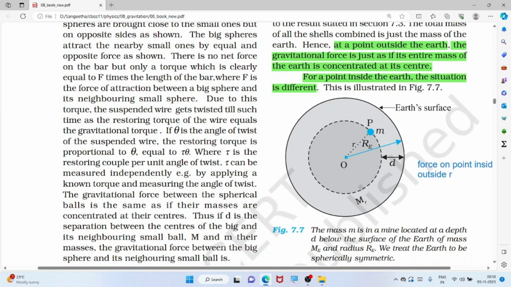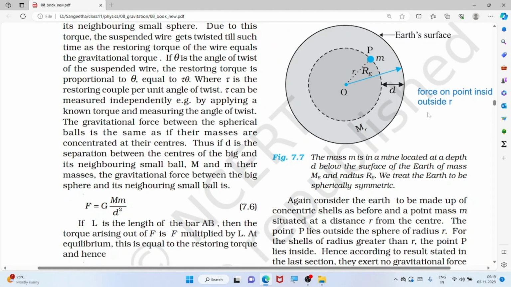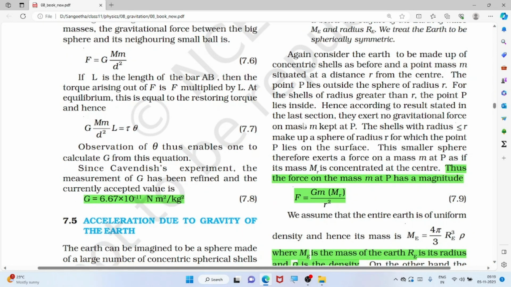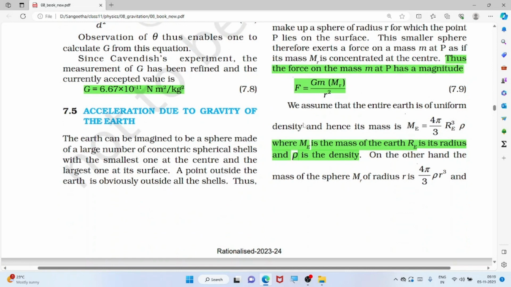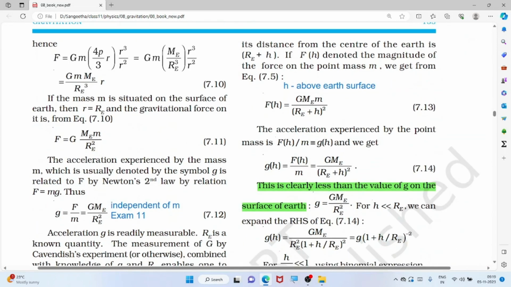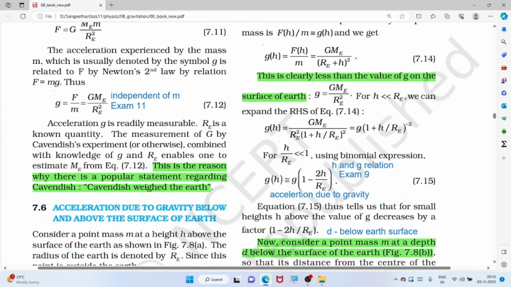What is the gravity at a point outside the earth and inside the earth? Those two are different. Outside the earth's surface and inside the earth, they are different. See here, the acceleration due to gravity is independent of the mass of the object.